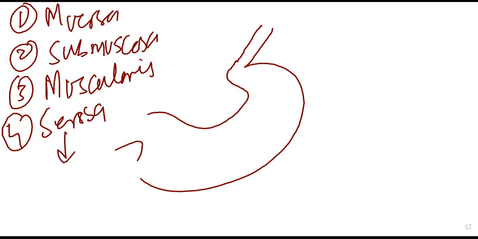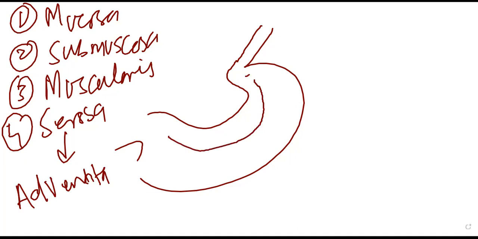The second name of serosa is adventitia. The innermost layer of the stomach is mucosa. After that, above the mucosa, submucosa is present, followed by muscularis, and then the outermost layer is serosa. So these are the 4 layers of the stomach.